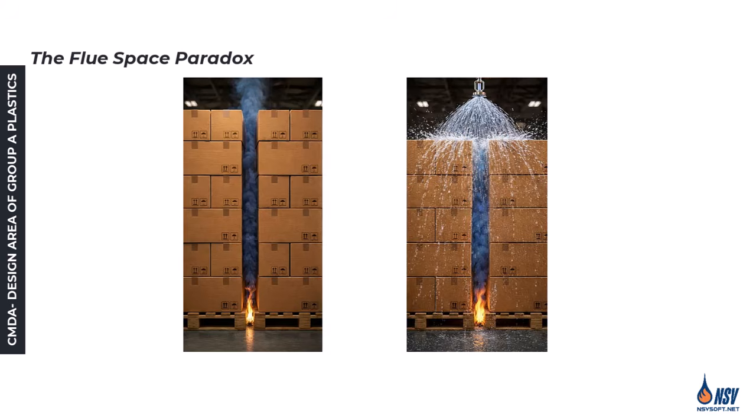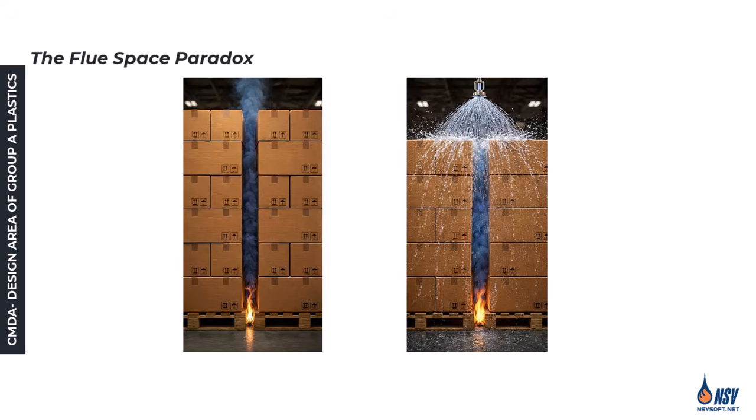In rack storage, we rely on maintaining flue spaces of at least 6 inches to help ceiling sprinklers activate faster and to allow discharge water to reach the fire more easily. If we cannot maintain these flue spaces, the standard generally requires us to install in-rack sprinklers to compensate for the delayed system activation and the restricted water penetration.